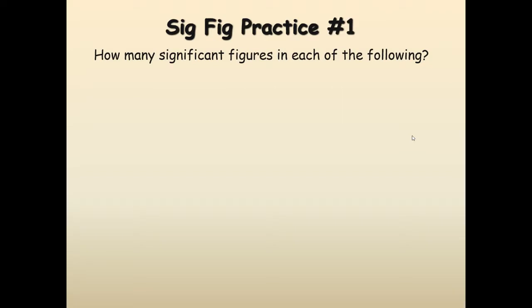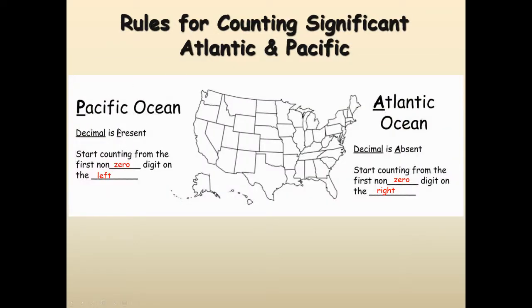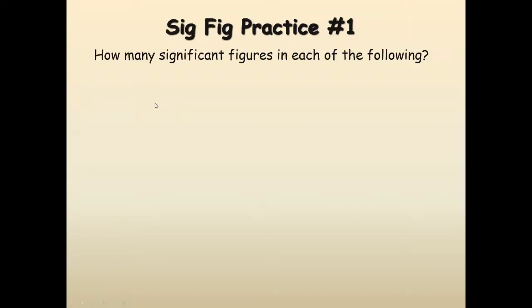So let's look at some examples. In this number here, 1.0070 meters, the first thing you're going to look at is, is there a decimal? As we can see, there is a decimal. So the decimal is present. If the decimal is present, that's the Pacific Ocean. We look at the left-hand side of the number, and we start counting once we hit the first non-zero digit.